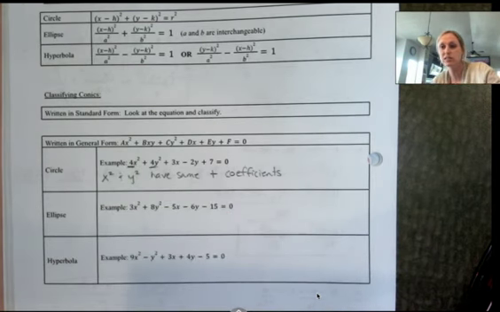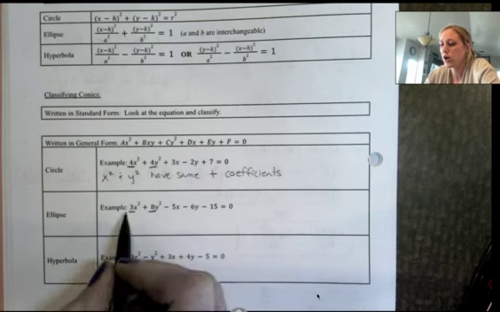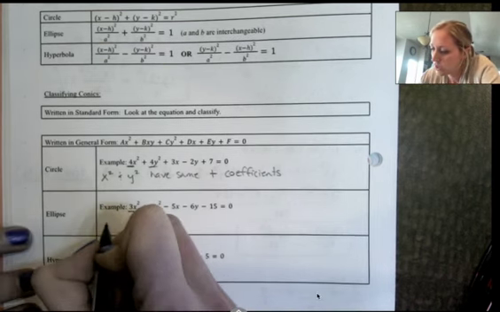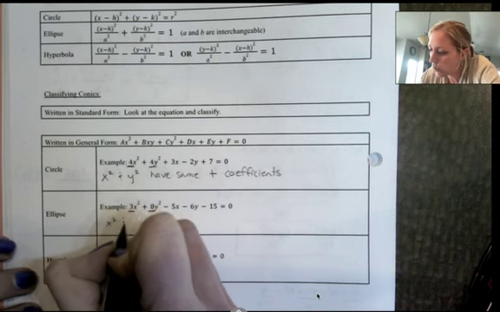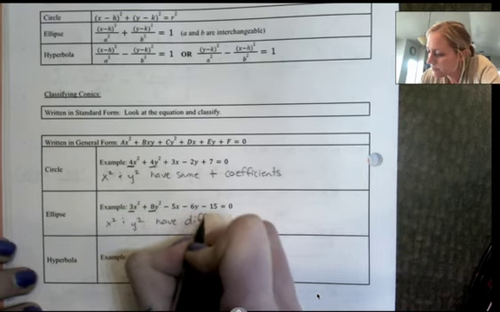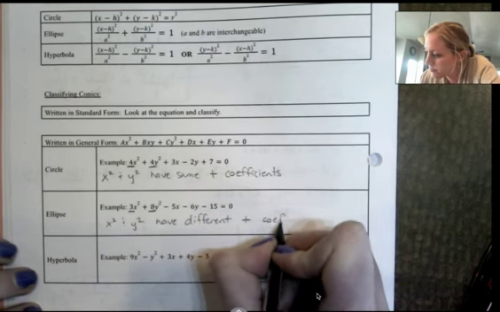If that is the case, it will always be a circle. If the x squared and y squared are positive, but they're different, it's an ellipse. So x squared and y squared have different positive coefficients.